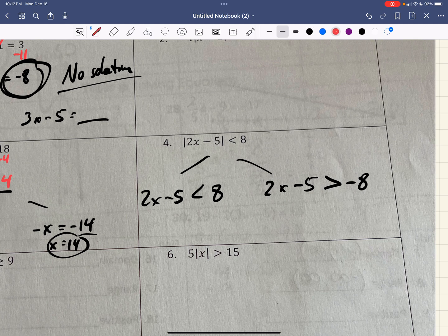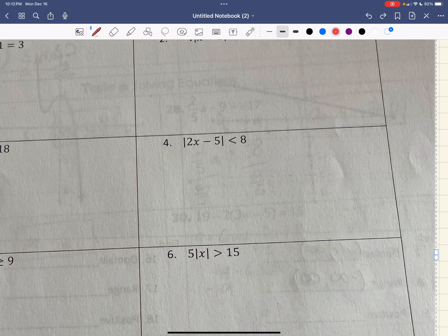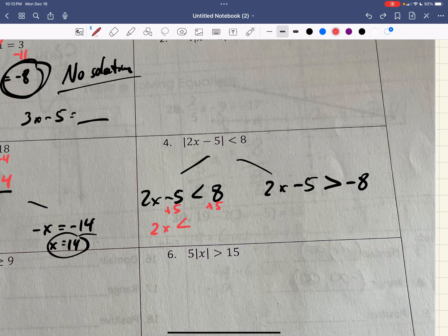Again, we're going to go plus 5, plus 5. So 2x is less than 13. Divide by 2, so x is less than 6.5, or 13 halves, however you want to look at it.